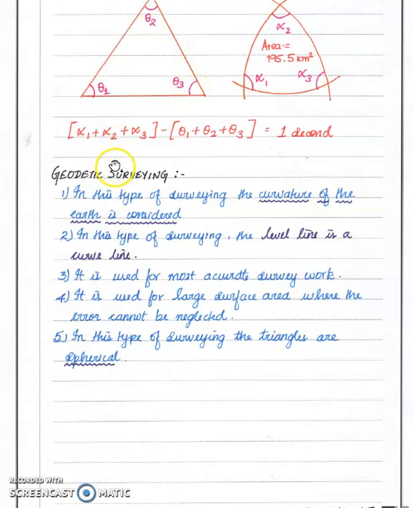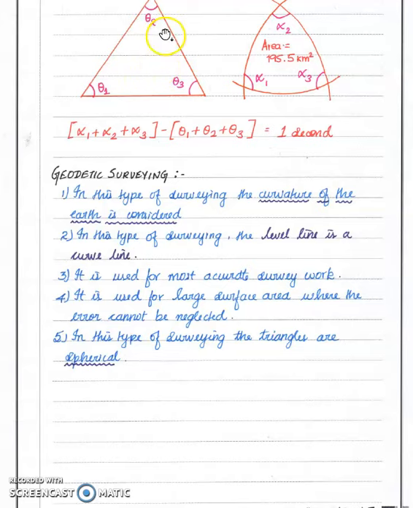Find the difference. Now add all these internal angles, alpha 1, alpha 2, alpha 3. But the areas are common. The area in geodetic surveying is 195.5 kilometer square. Similarly, in plane surveying, this area is 195.5 kilometer square.